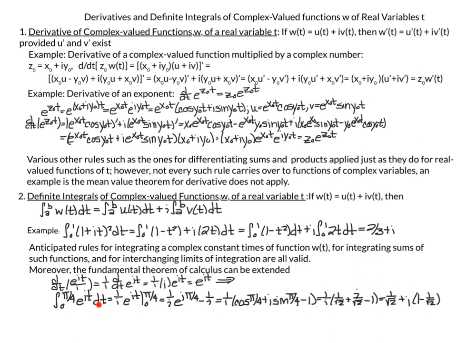Then the antiderivative is 1 over i, e to the it, from 0 to pi over 4. So we used our fundamental theorem of calculus. We plugged in pi over 4 for t minus 0 for t, and then we simplified this and did some calculations until we got 1 over square root of 2 plus i times 1 minus 1 over square root of 2.